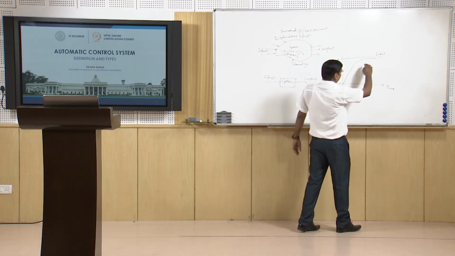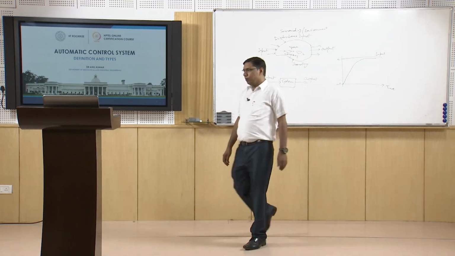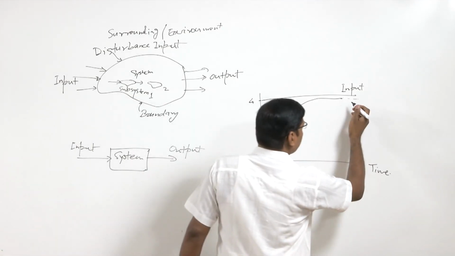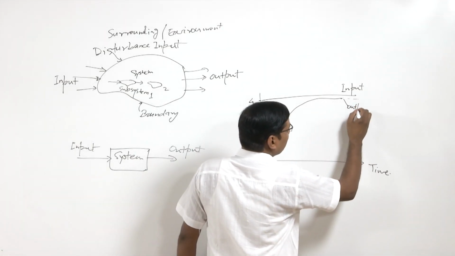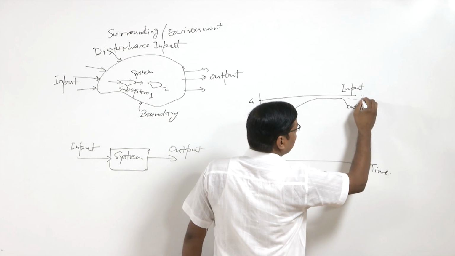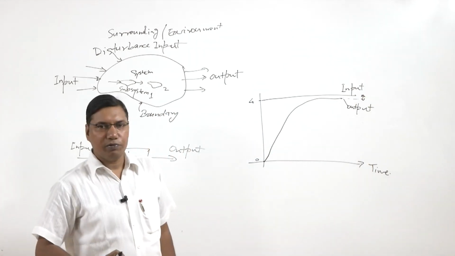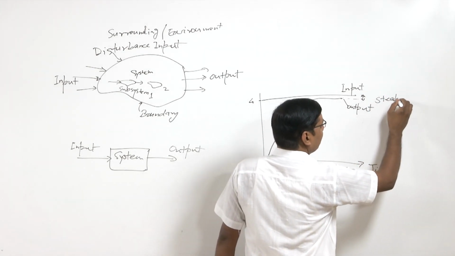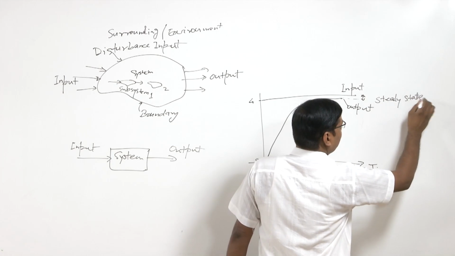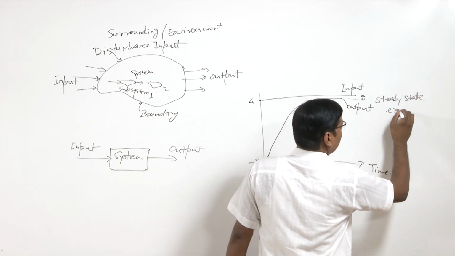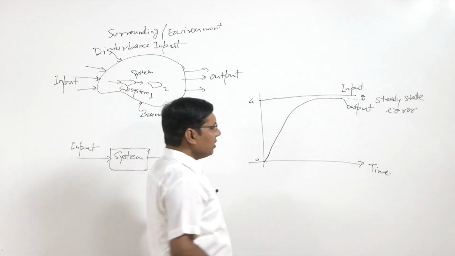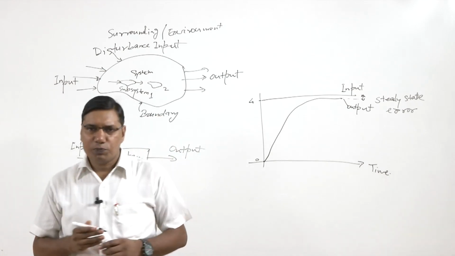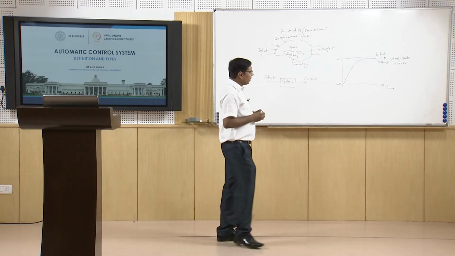Now, this difference between the two, this is the output, and so there is a difference between the two, that is steady state error. So this is steady state error, this difference between input and the output of the system, the steady state output.